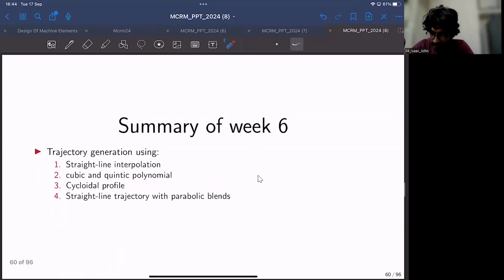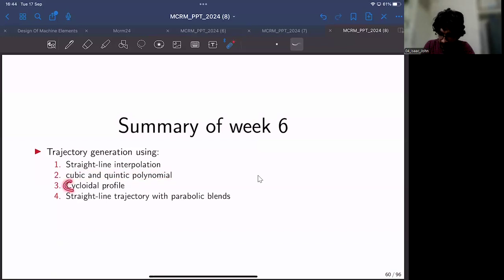For week 6, we have discussed problems on trajectory planning. We have seen various kinds of trajectory planning. We used straight line interpolation, we used cubic and quintic polynomial, and we have also discussed how a polynomial interpolation is beneficial, or its advantages compared to straight line interpolation.